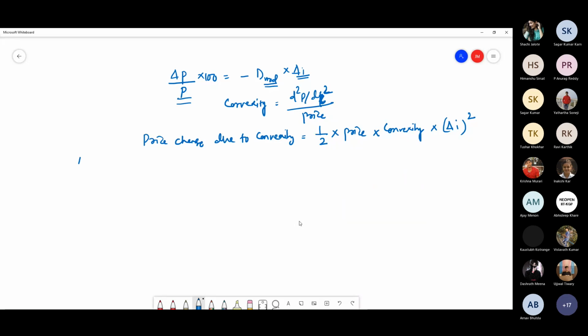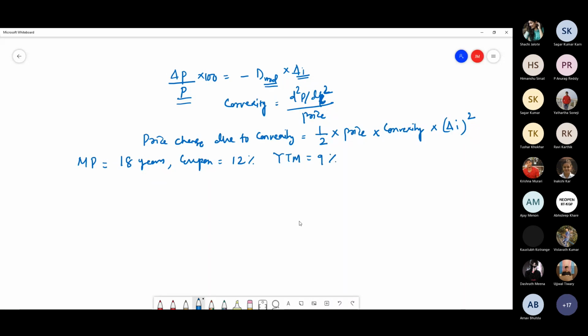The maturity period of the bond is 18 years, the coupon is 12%, and the yield to maturity is 9%.